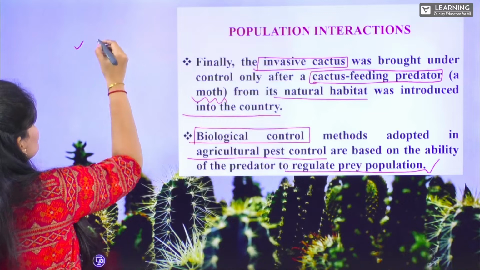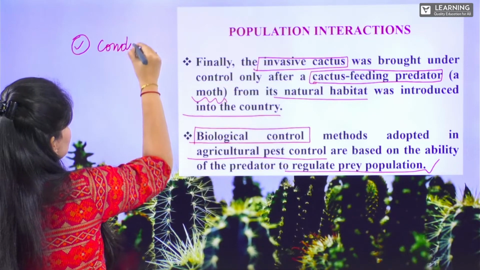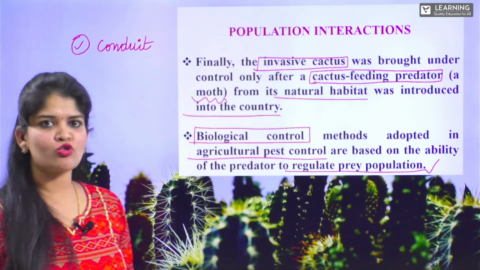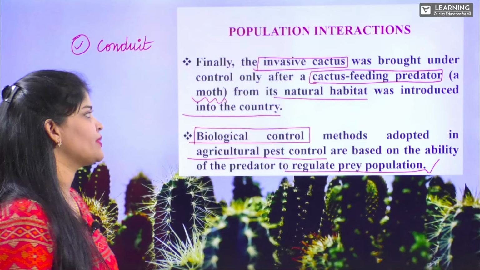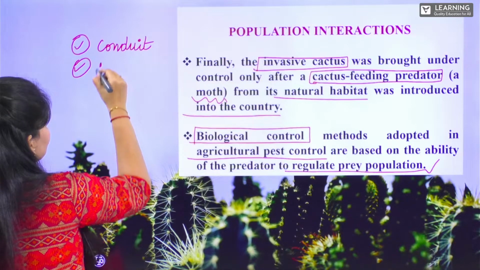So the important roles of the predator: one, it acts as a conduit, which is useful for the transfer of energy from one trophic level to another trophic level, and it keeps the prey population under control.